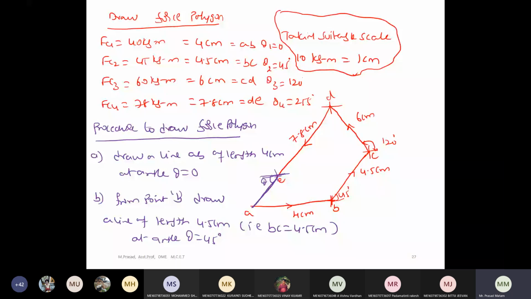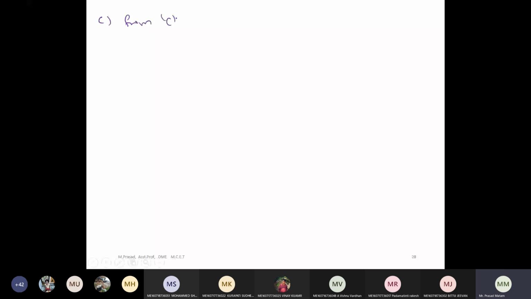Next, what is the third step? From C, draw a line of length 6 centimeters, that is CD is equal to 6 centimeter, at an angle theta equals to 120 degrees.